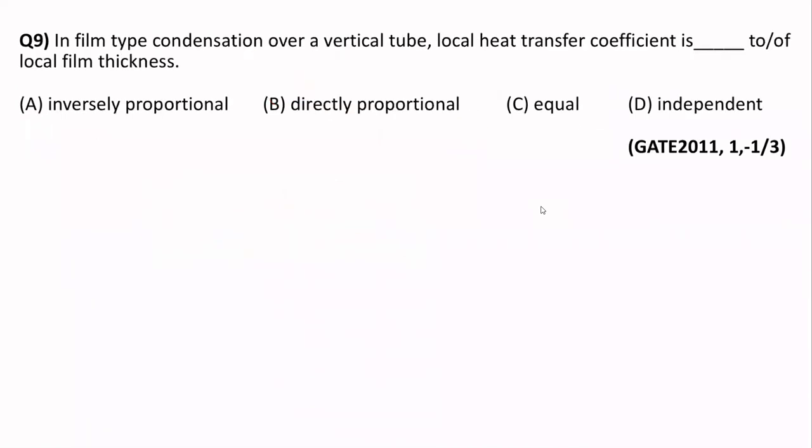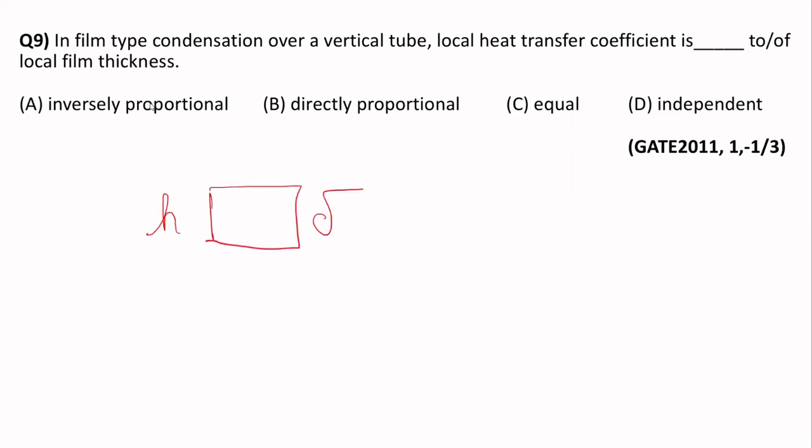Now we'll go towards the last question of our today's session, and the question reads as follows. In a film type condensation over a vertical tube, local heat transfer coefficient is, dash, local film thickness. So you need to understand and answer the relationship between H and delta.